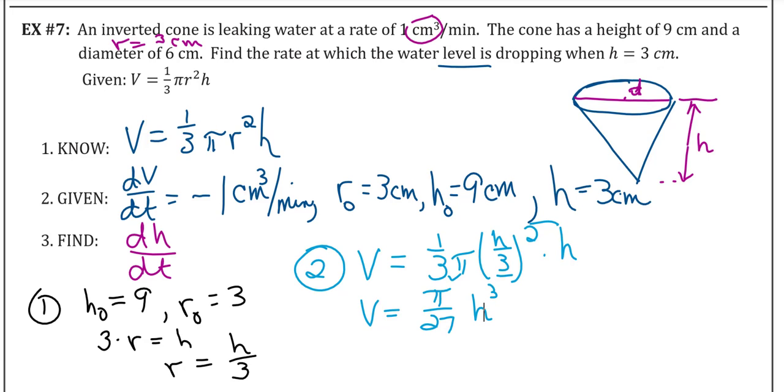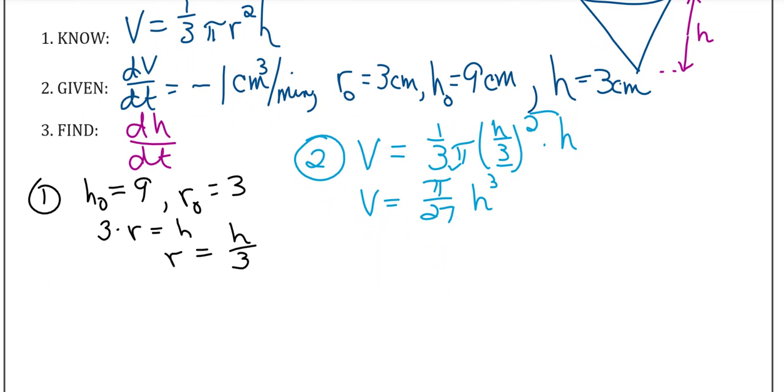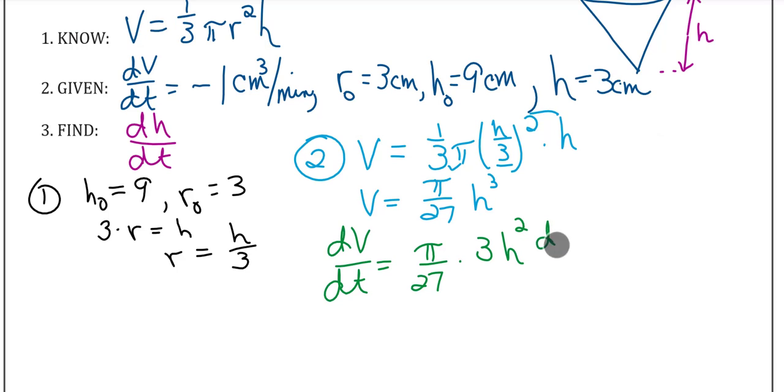Now we're ready to take the derivative, because we have all the information we need to find the rate of change of H. So dV/dt is going to equal pi over 27 times, using my chain rule, 3h squared dh/dt.